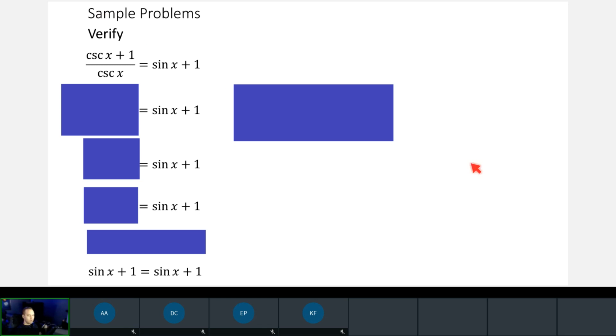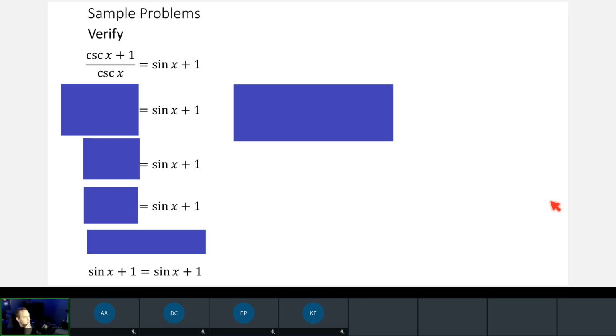Which way can we approach this problem? I'm going to see what your thoughts are. Yeah, it's basically a proof. Any ideas? There's so many ways to approach this problem, and the way that I typed out isn't necessarily the easiest.